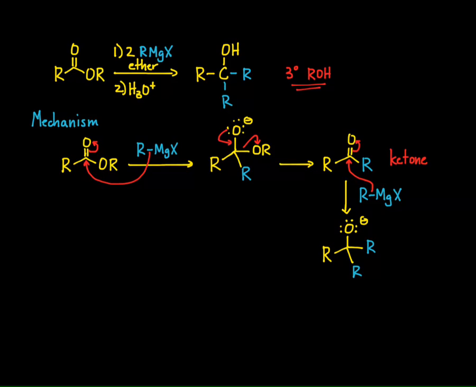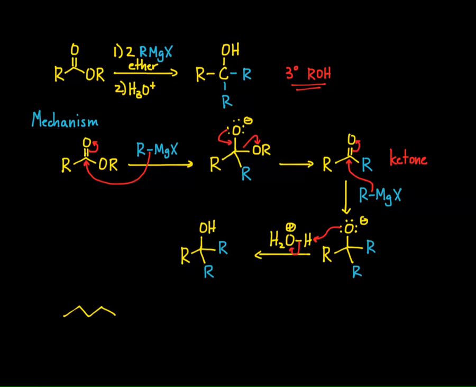And so instead of the carbonyl reforming, it just stays that way as an alkoxide until we add some acidic aqueous workup. And then we get proton transfer occurring, and we generate our tertiary alcohol, right?